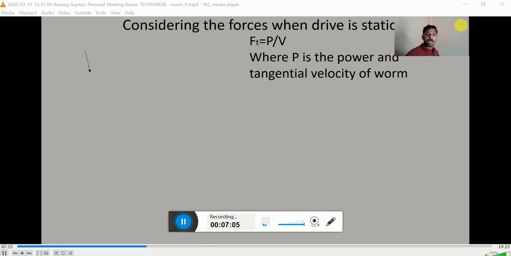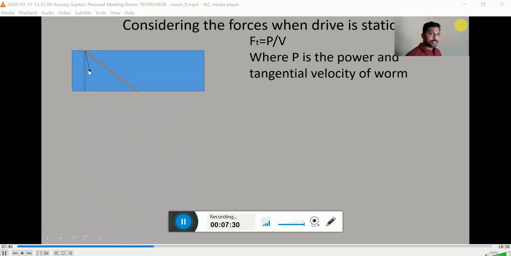Okay. Now we consider a worm having the helix. This orange line is showing the helix of the worm. We are considering a single helix on the worm. Okay. So I have drawn this circle just to show the direction of tangential force.